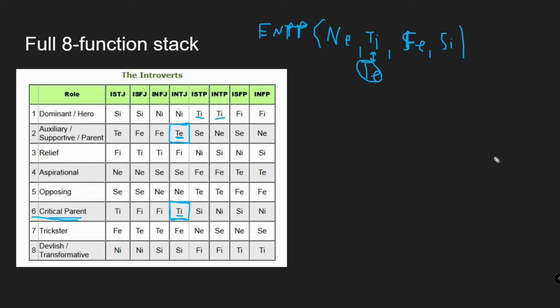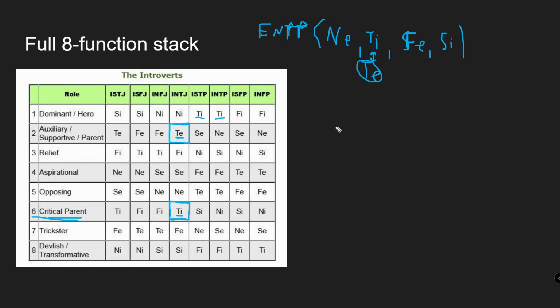So, if you care more about the data, then you already know that the other one is in 6th position, because you can't have TE and TI in your 4 stack. It has to be one of those. You can't have introverted intuition, extroverted thinking, introverted thinking, and then introverted feeling. That's not how it works. It will be in your 6th spot.